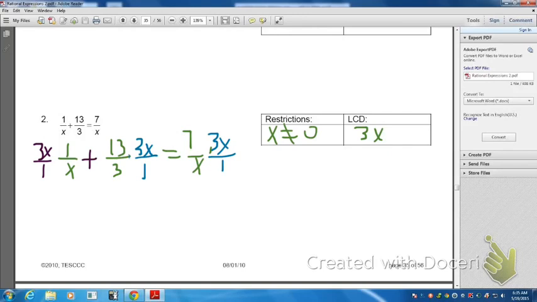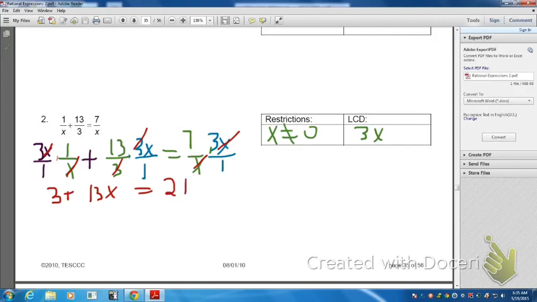All right, here I have 3x times 1 over x, so I know that my x's will cancel, leaving me with a 3. And then plus, over my next one, my 3's will cancel. That would leave me with 13x. And then on the right-hand side, it is the x's again that will cancel. That would leave me with 7 times 3, or 21.